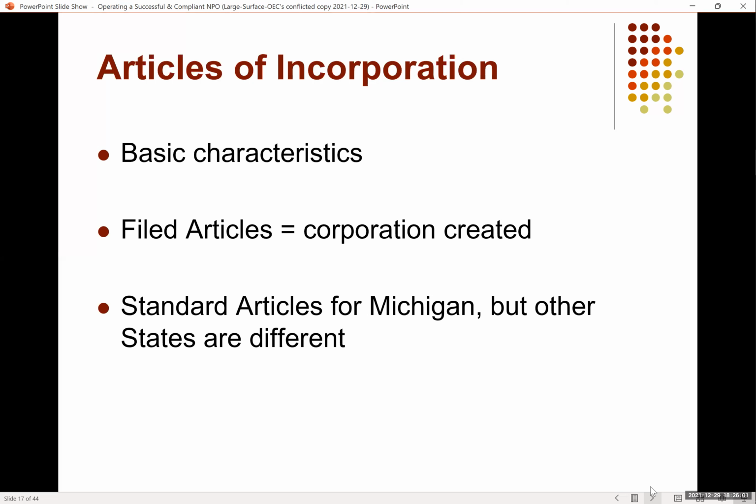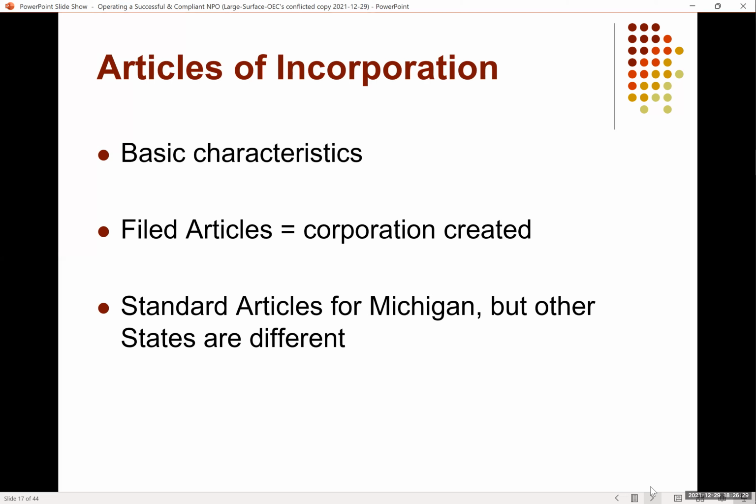But some basic characteristics are, you're going to have to name who's on the board. You don't have to file incorporation in the state you live in, but whatever state you're in, you have to have what you call an agent, somebody that lives in that state, because they'll get all the paperwork and file all the paperwork on behalf of that state. They'll charge you a fee.